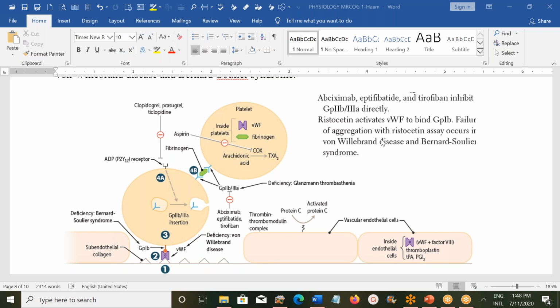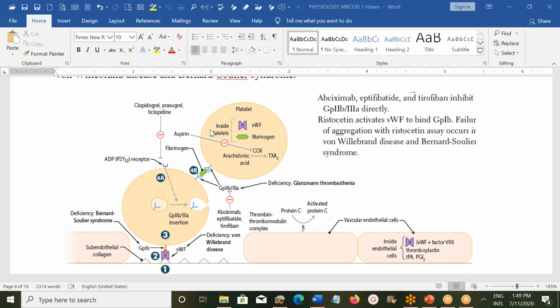Failure of aggregation with the addition of ristocetin means that there is von Willebrand disease, because for binding there should be von Willebrand factor. If it is not present, the patient has von Willebrand disease or Bernard-Soulier syndrome, and the platelets are not functioning properly.